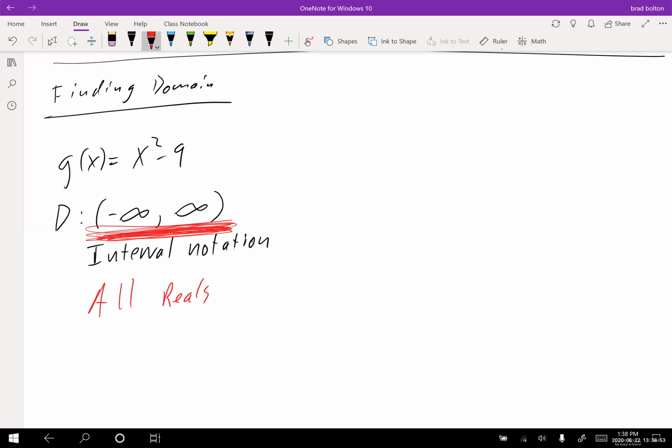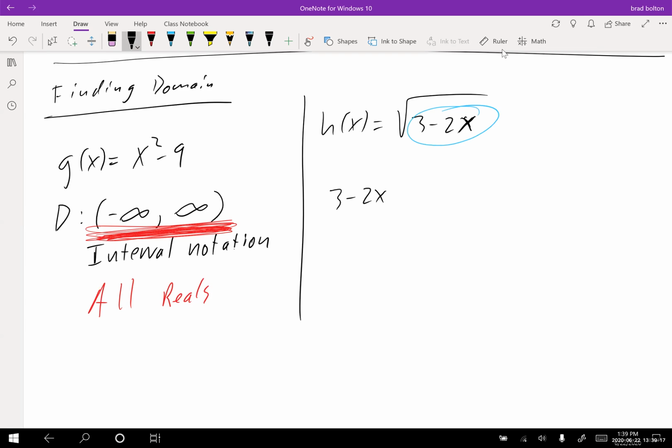f of x equals the square root of 3 minus 2x. And for domain, remember, you're trying to think, what am I allowed to plug in here? What you do is you take the inside portion, 3 minus 2x, and set it greater than or equal to 0, because you want whatever 3 minus 2x is to always be 0 or bigger.